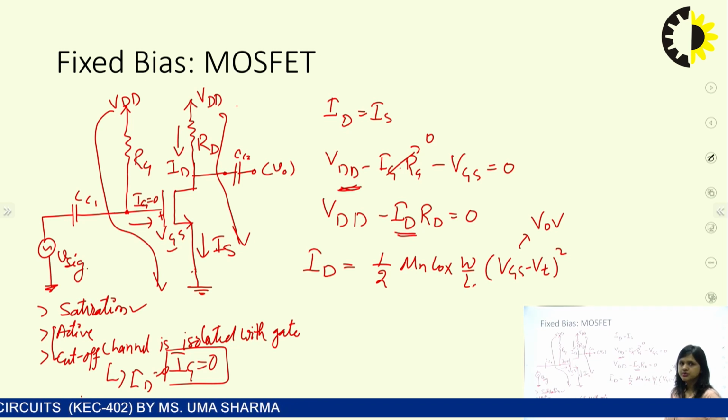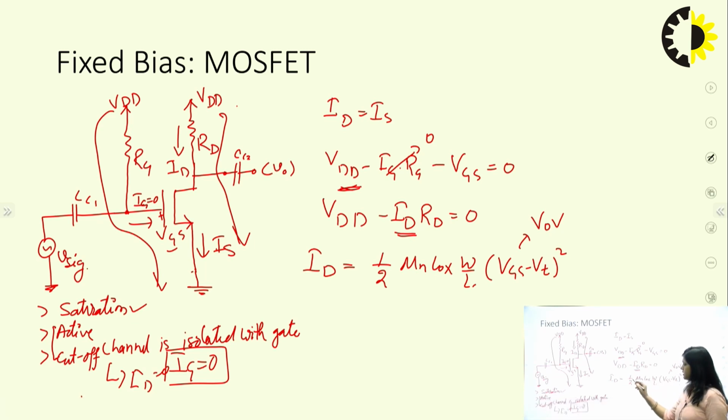This also represents that the value of VOV is directly related to the conductivity, because ID is proportional to VOV square. From this equation we can calculate the value of ID just by putting VGS equals VDD, because in our case we have a fixed supply voltage VDD for this VGS. In this current equation, mu n is constant, COX is constant, and W by L is constant.